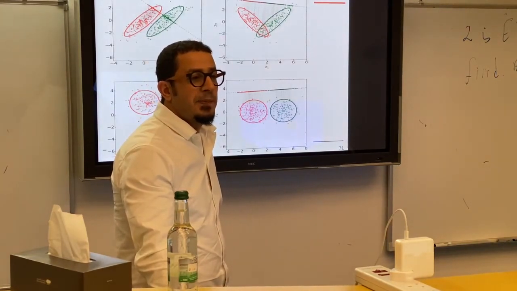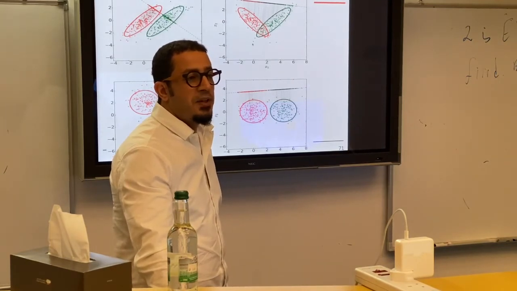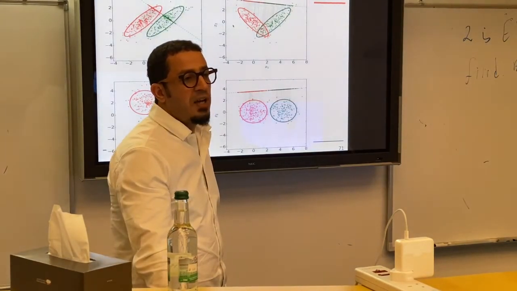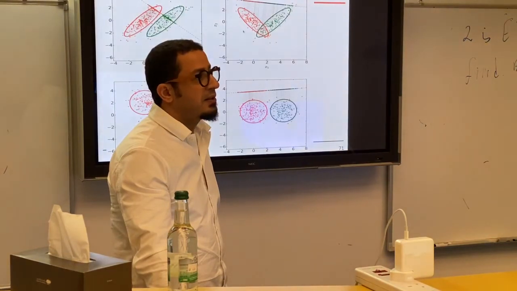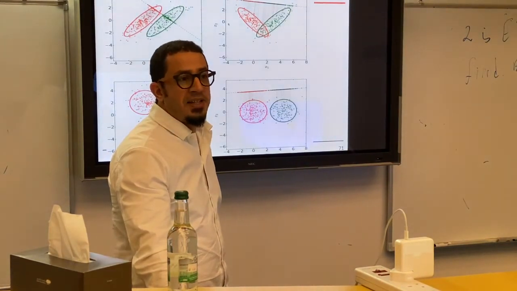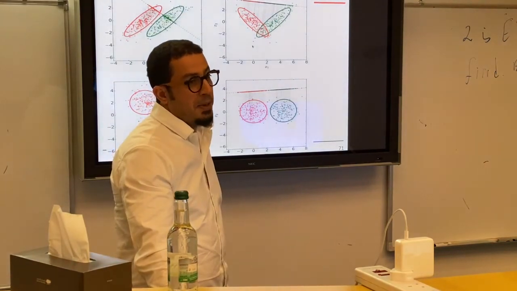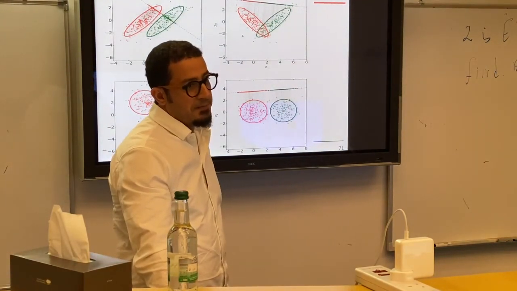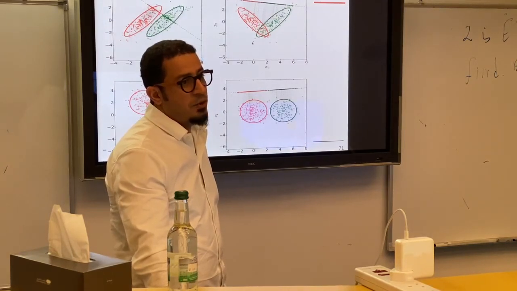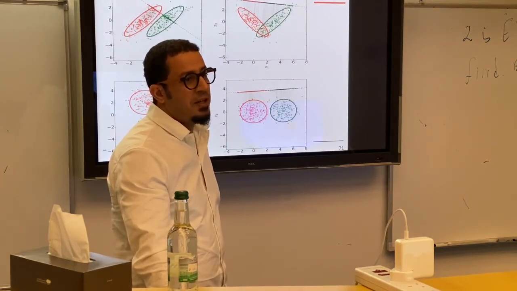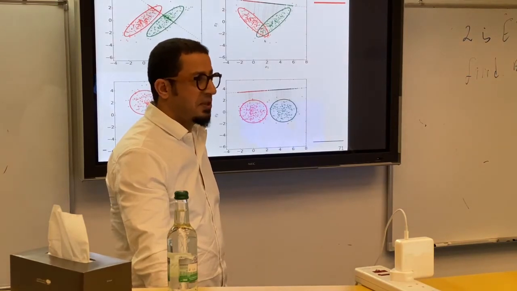No. Because if I take this one here, the green one will be merged totally with the red one, right? So we can classify the red one almost correctly, but the green one is gone. But if I do this one here, I can say this is the green and this is the red one. So the misclassification will be only this part of the red one. But still okay.